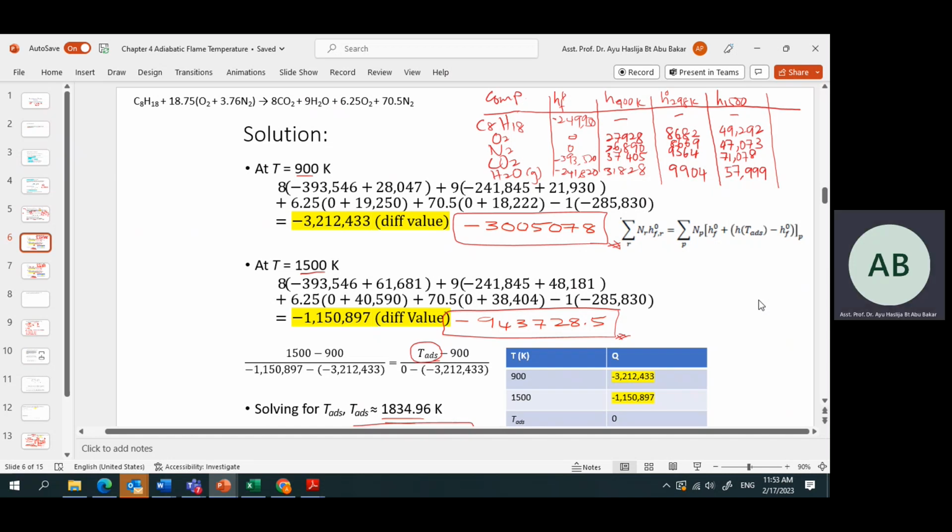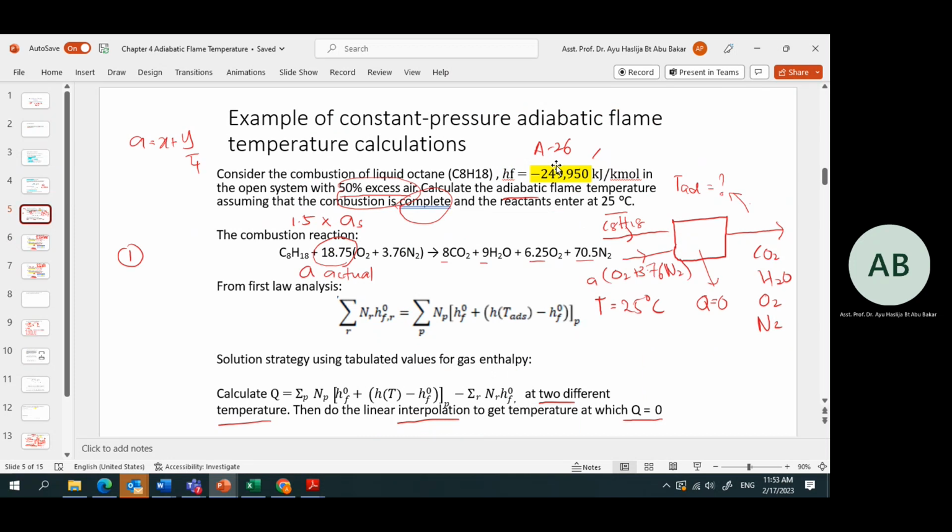HF for octane in your slide: this one is the correct HF. Please correct it in your slide. In your slide, it's not from the thermodynamic properties table, it's from another table. So this is the correct value for HF of octane from table A26.